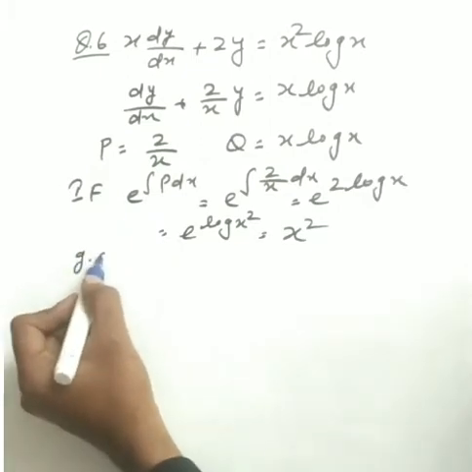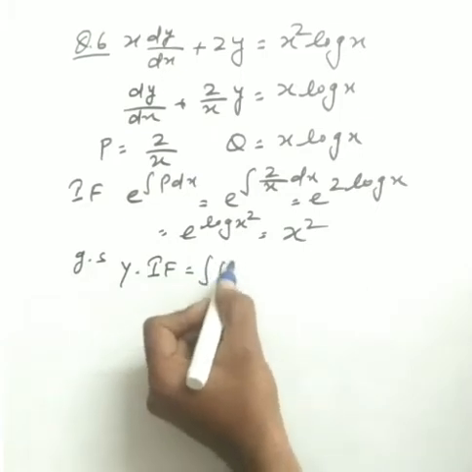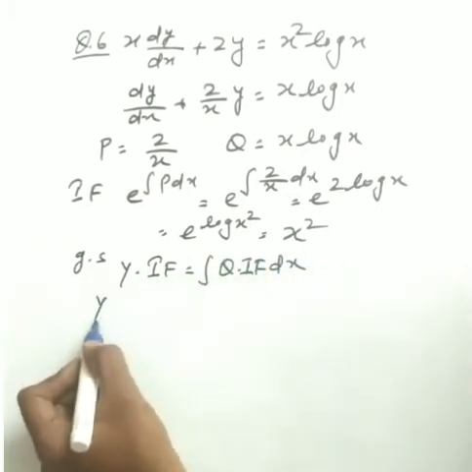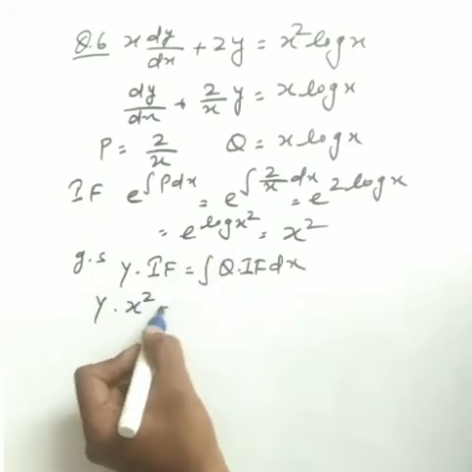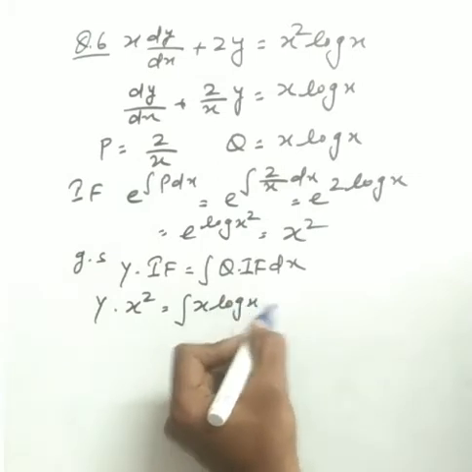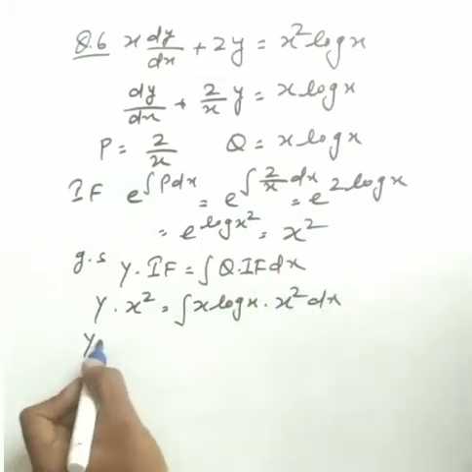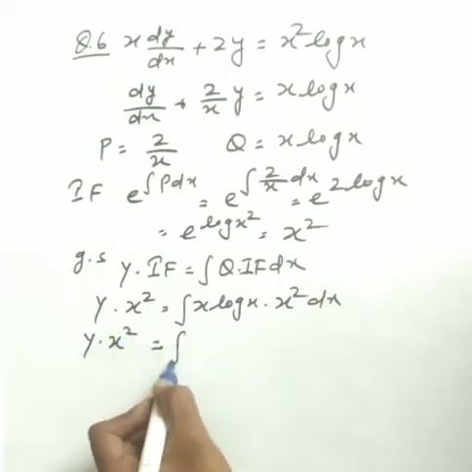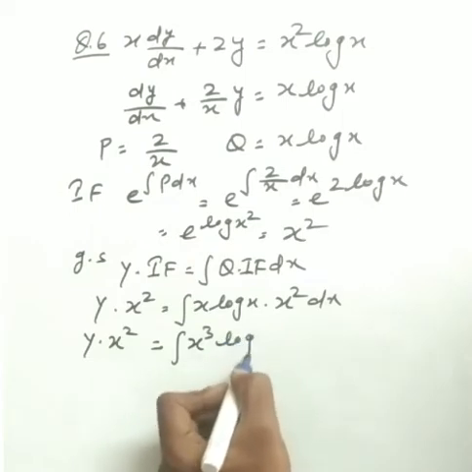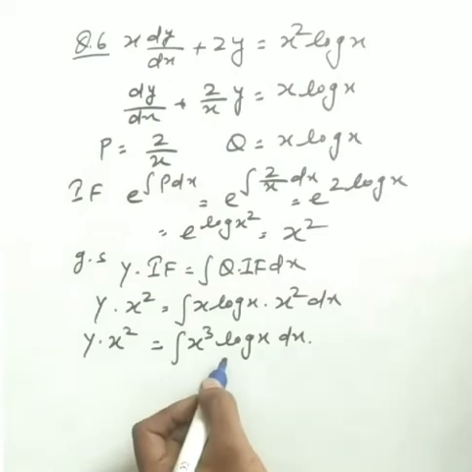Now the general solution: y times IF equals integration of Q times IF dx. y times x square, where Q is x log x and IF is x square, dx. So y x square equals integration of x square into x, which is x cube log x, dx. Here apply the ILATE rule.